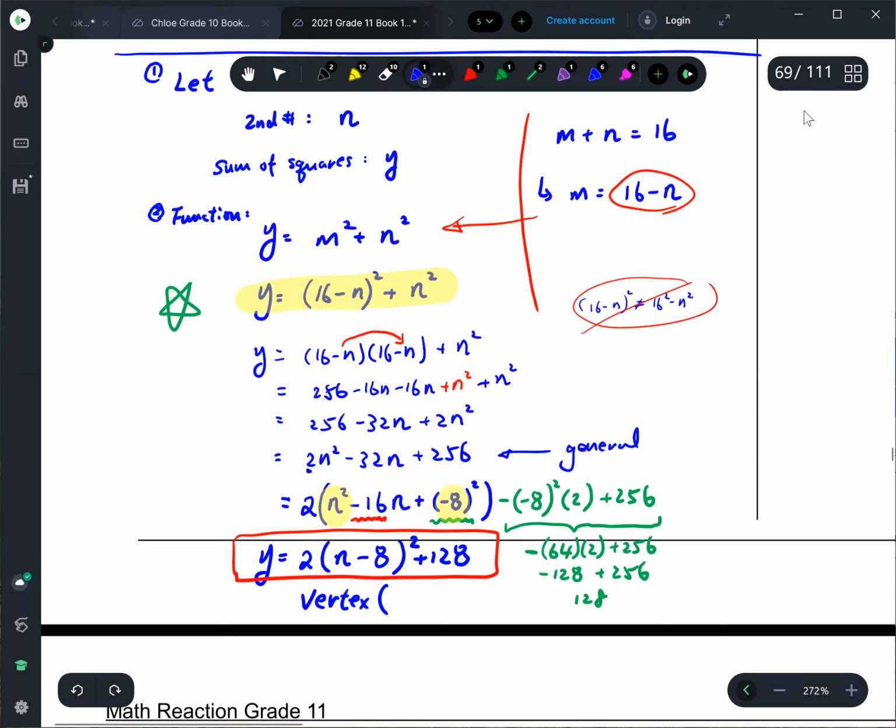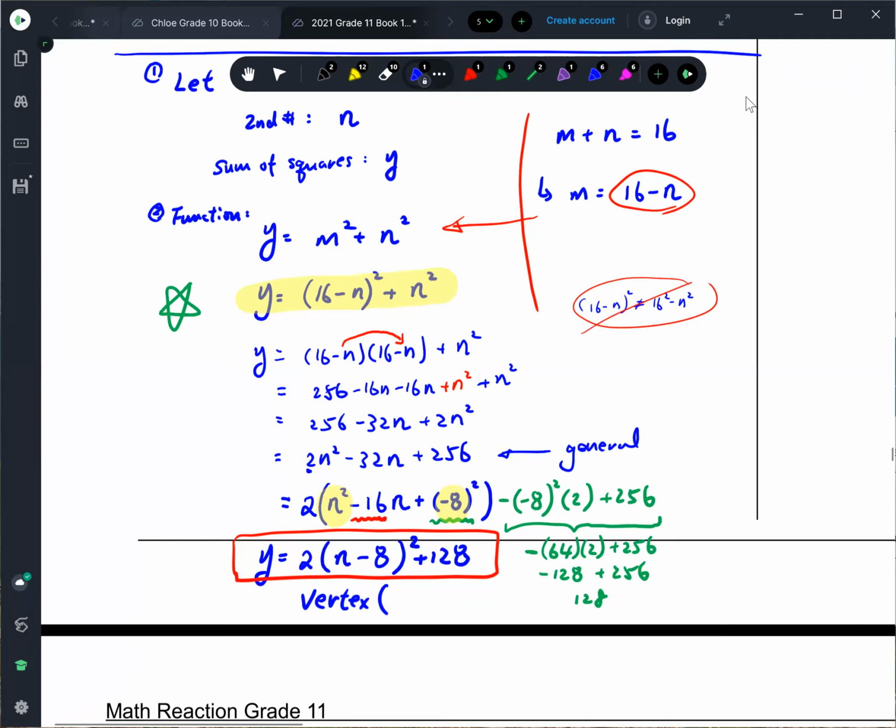Is your mic connected properly? Okay. Hello. Yeah, it works now. Okay, so where's the vertex then?